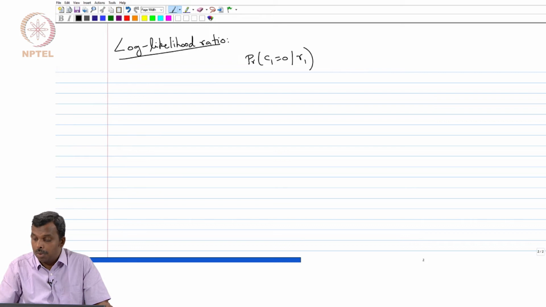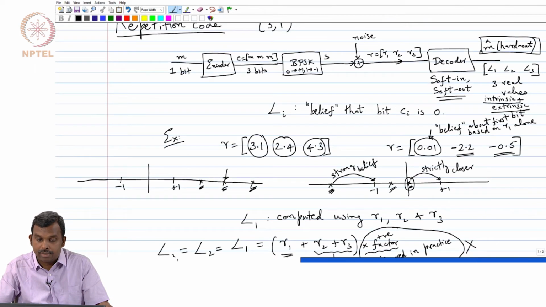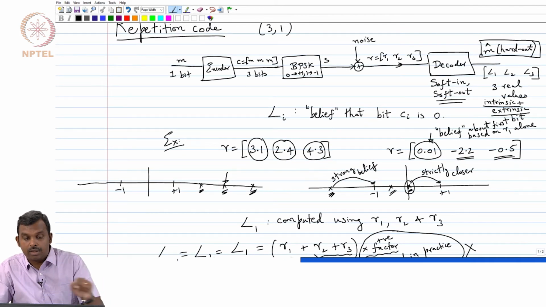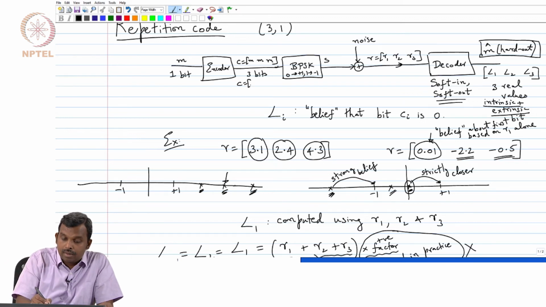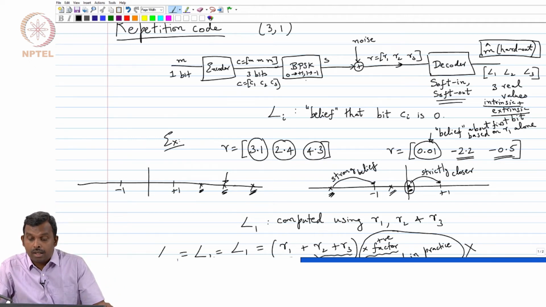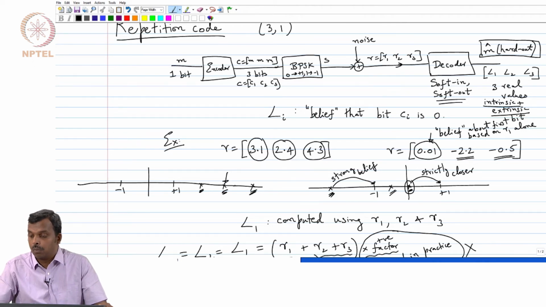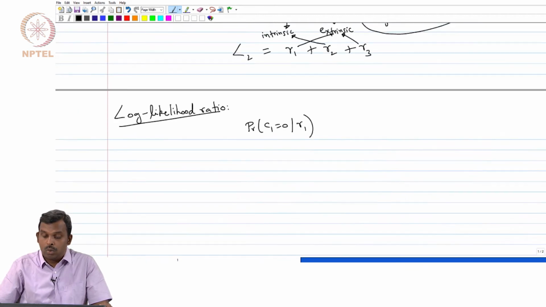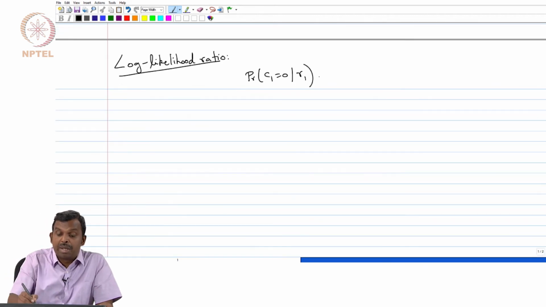Remember, what is the setting here? The setting is C is C1, C2, C3, the same 3 bits were transmitted again and again. Now I want to look at R1 and ask the question, what is the probability that C1 was 0 given R1? For this you can do a little computation using Bayes rule.